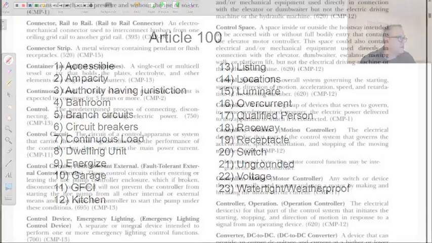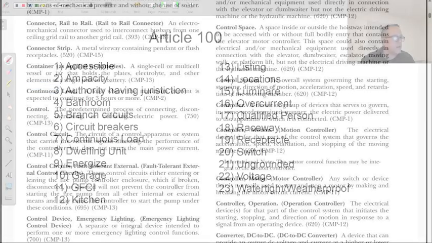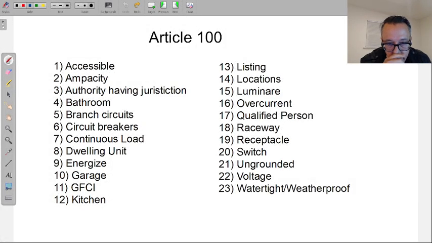Very small little note here. There's only one feature to a continuous load, but it also requires us to, well, is there a load that isn't continuous? So first the definition, a load, and remember what a load is, just again, reminders of these things, because we're just getting started.